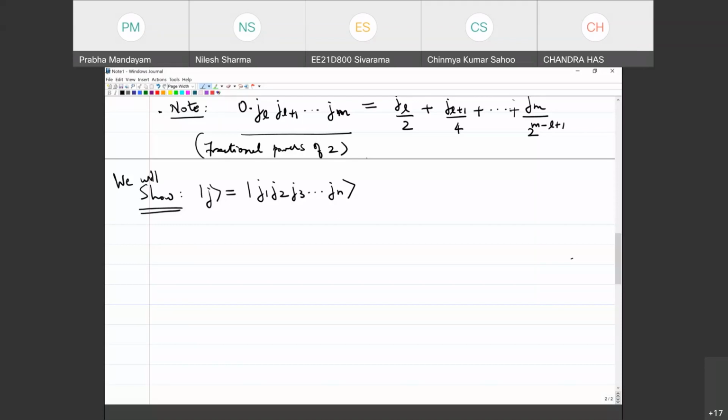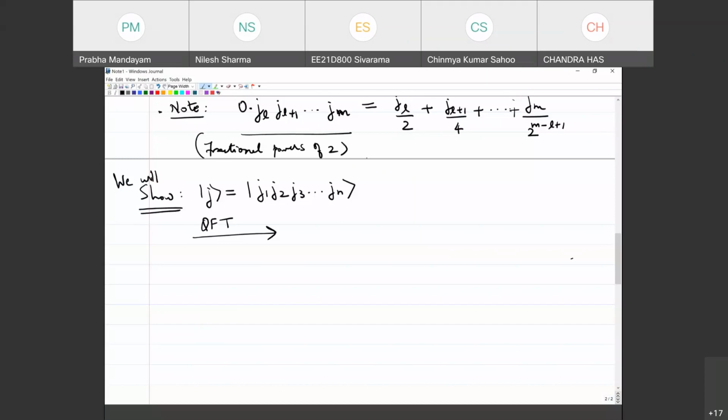I may have deviated from the notation in the book, which probably uses 0 to little n minus 1. I hope you guys don't get confused, but this is what we're going to use, 1 to little n.